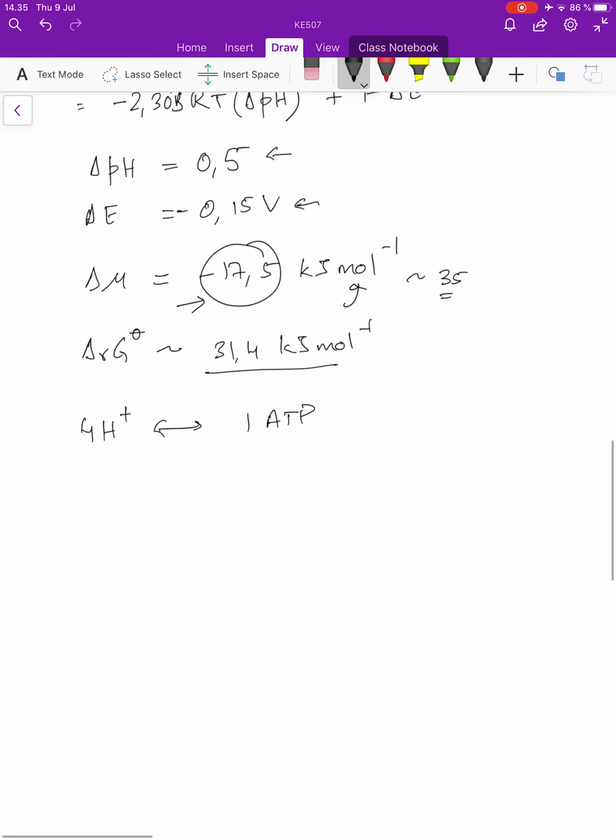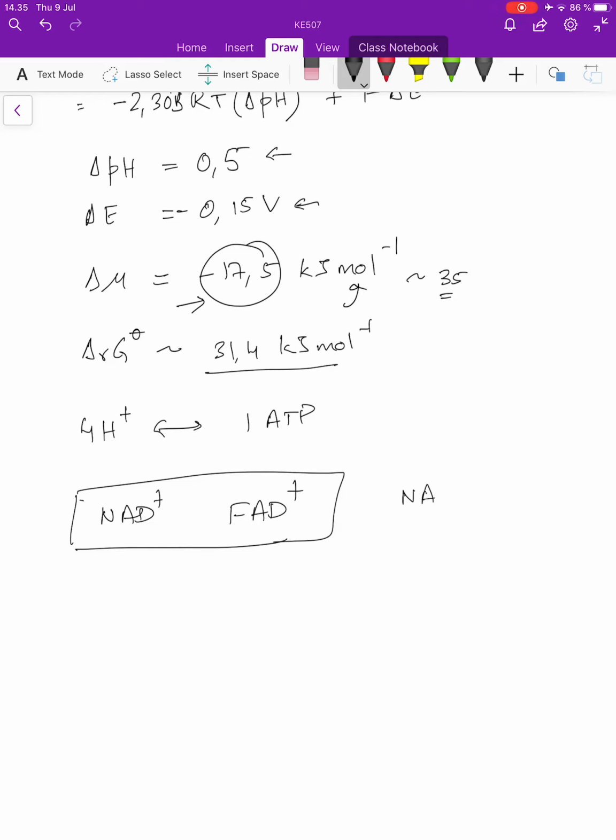So this is a little bit about the energetics of cells and how NAD plus and FAD plus are used to produce reducing power in the cell, which is eventually taken up in the mitochondrion to produce ATP molecules. It turns out that the oxidation of a single glucose molecule produces 38 ATP molecules in total, of which most are produced from NADH.